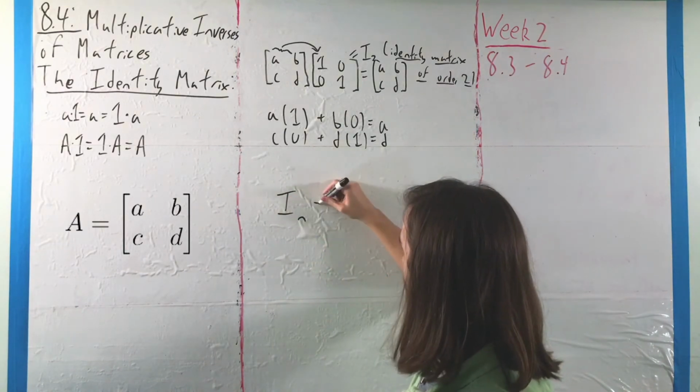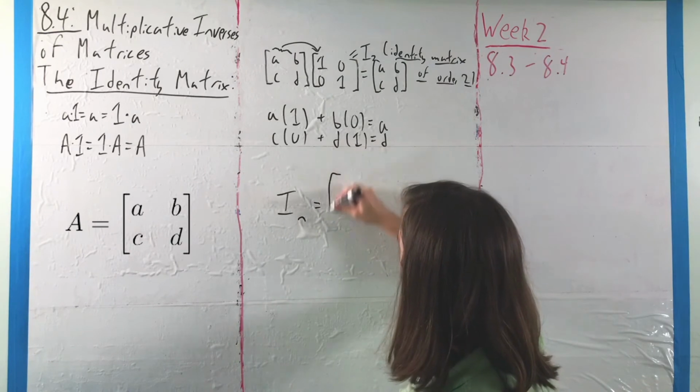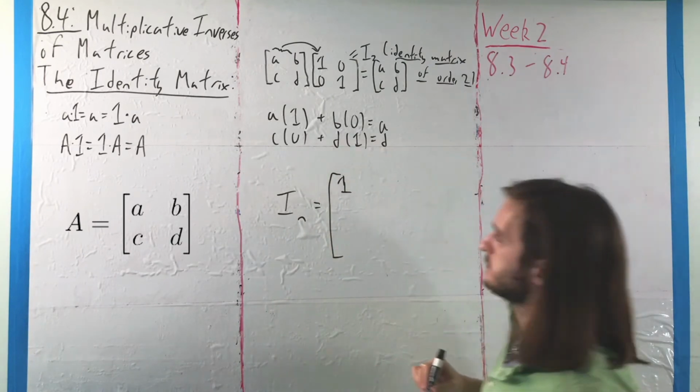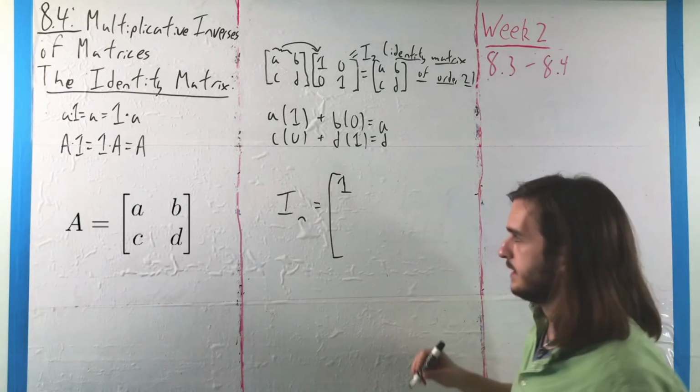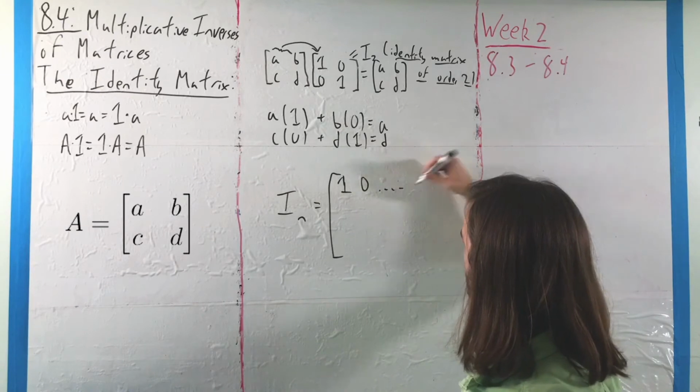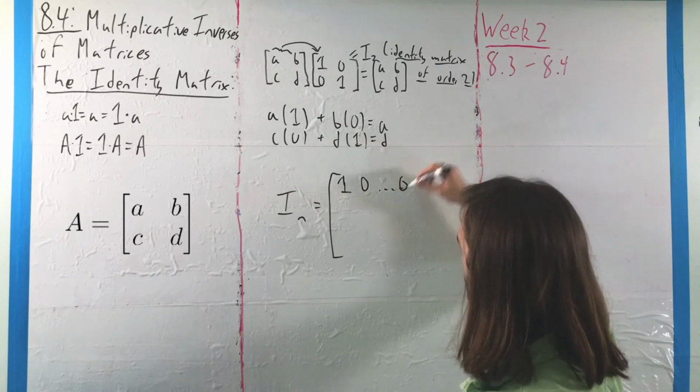The identity matrix of order n will have 1s along the diagonal and 0s elsewhere.